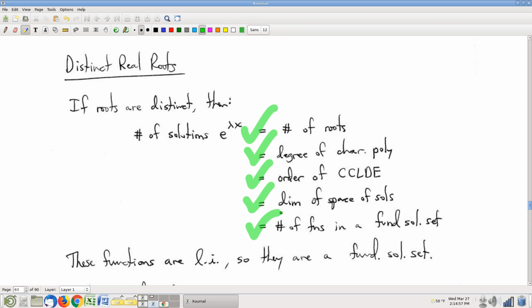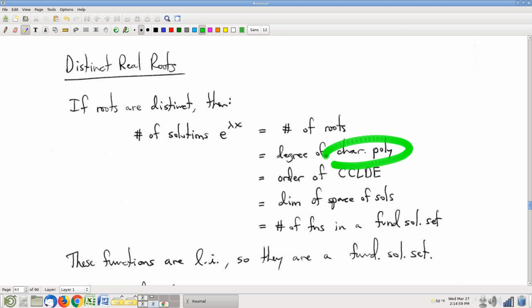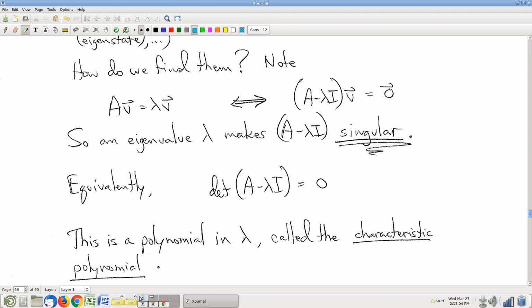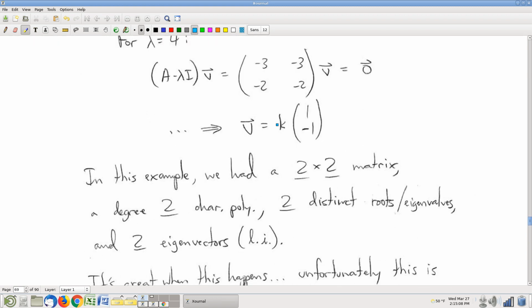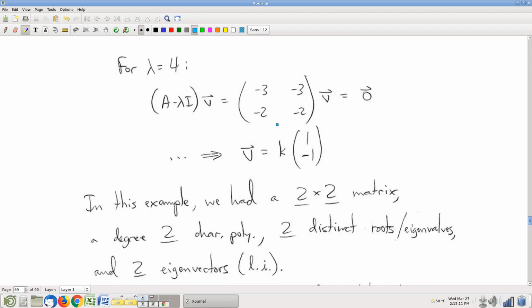We find ourselves now with a new kind of characteristic polynomial. Characteristic polynomial of a matrix. And look what happened in our very first example. We had a 2 by 2 matrix that gave rise to a degree 2 characteristic polynomial that gave us 2 roots, aka eigenvalues, and which in the sloppy slang parlance gave us 2 eigenvectors.